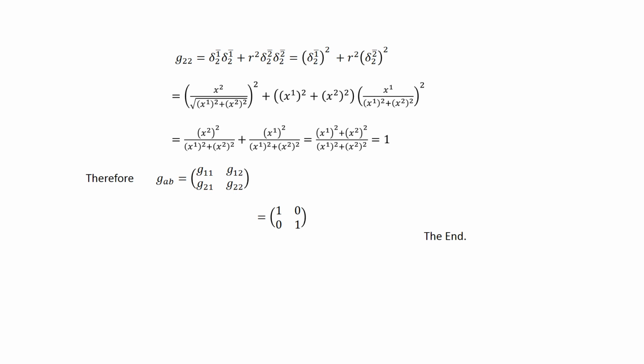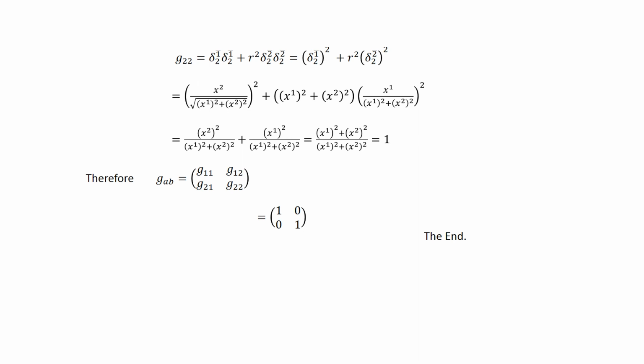Now the fourth term of the metric is g22, equal to delta 1 bar 2 delta 1 bar 2 plus r square delta 2 bar 2 delta 2 bar 2. Actually guys, we have used here the general formula gab, and we replace both a and b with 2. So this equation becomes delta 1 bar 2 square plus r square delta 2 bar 2 square.